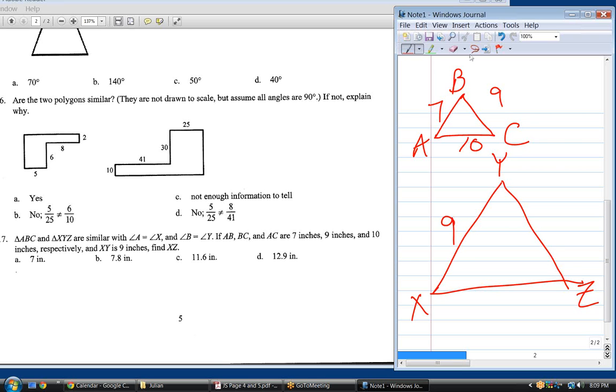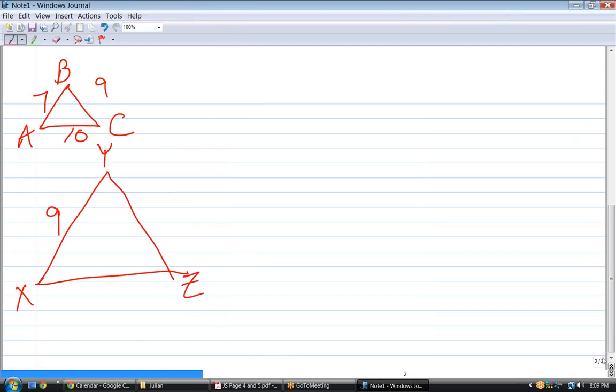So what ratio can I set up with this triangle situation here? 9 over 7 equals what? 10 over x. Well, it's this that we're trying to figure out, right?